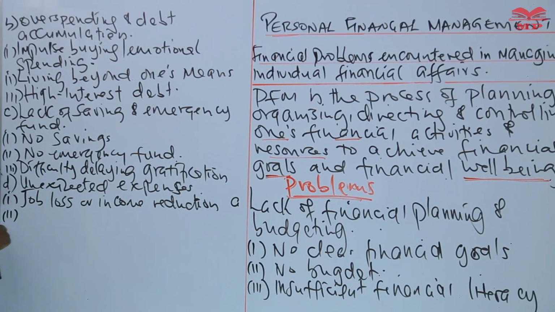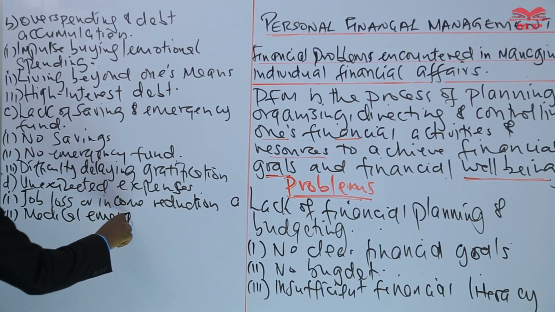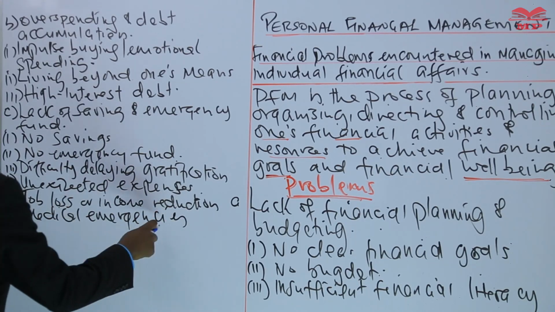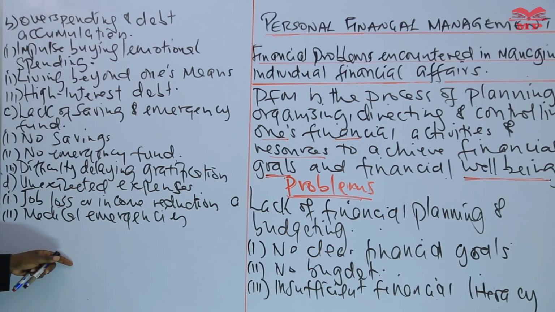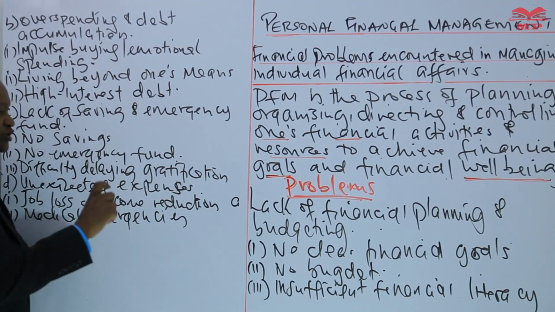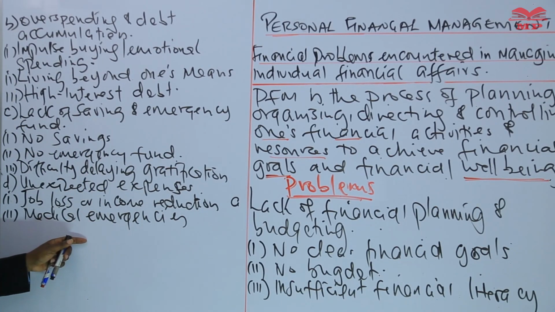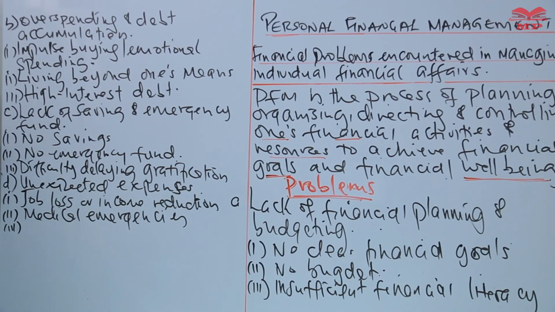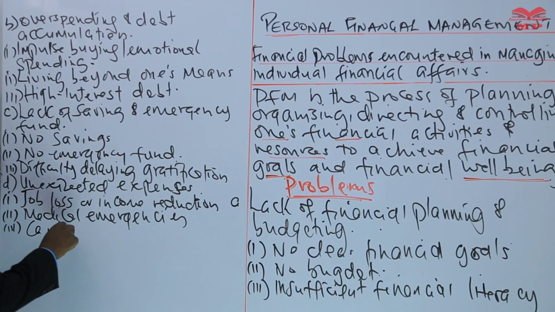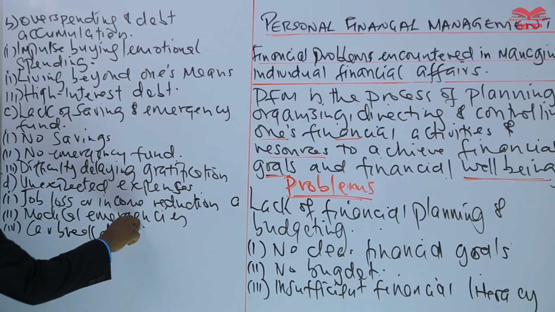Another point under this is medical emergencies. These are unforeseen medical expenses which can put strain on an individual's income or finances. We may have things like unexpected events like home repairs, car breakdowns, and so on.